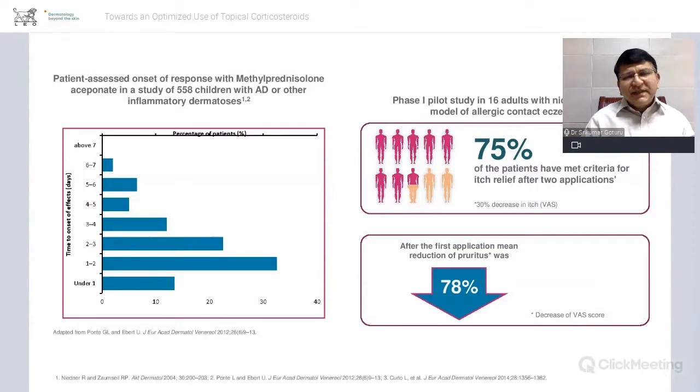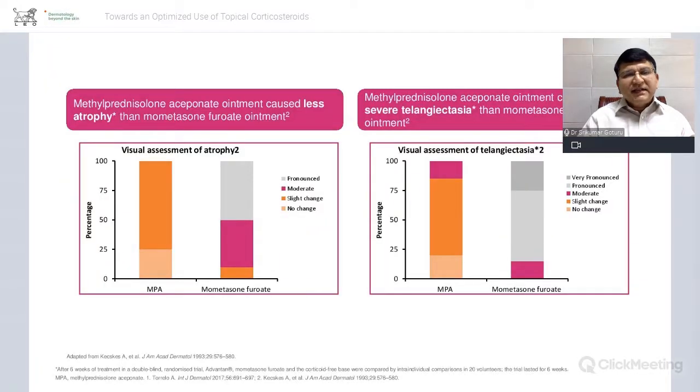So within a few days, nearly 75% of patients meet the criteria for itch relief, even after 2 applications. And after the first application, mean reduction in itching was nearly 78%. And we actually see that when you compare the side effects, methylprednisolone aceponate causes less atrophy than mometasone furoate, so the therapeutic index of methylprednisolone aceponate is much better.